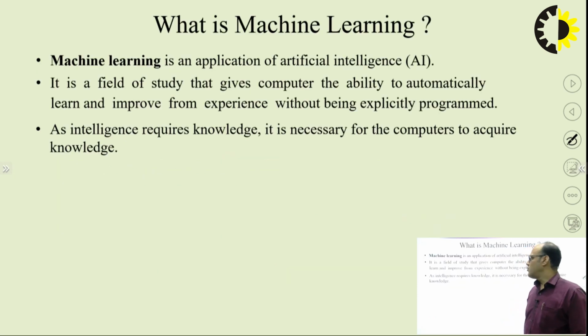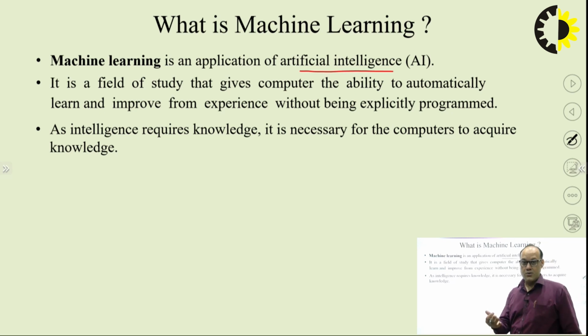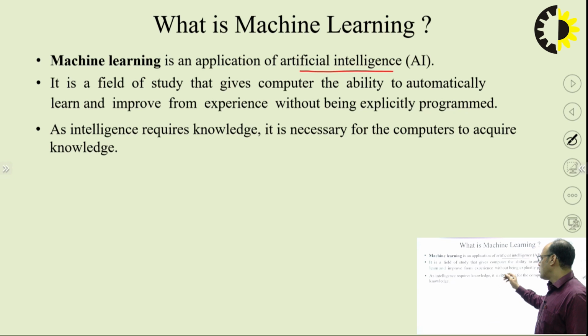So, what is machine learning? As you all know, machine learning is an application of AI, artificial intelligence. What is AI? It is a branch of science which deals with human intelligence. We make a machine intelligent enough to do predictions. It is a field of study that gives computers the ability to automatically learn.